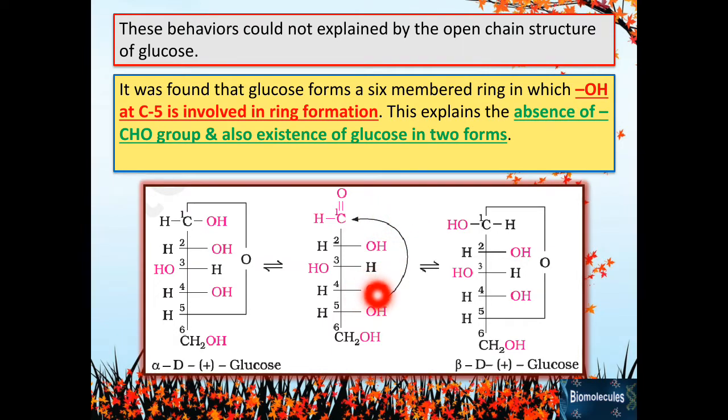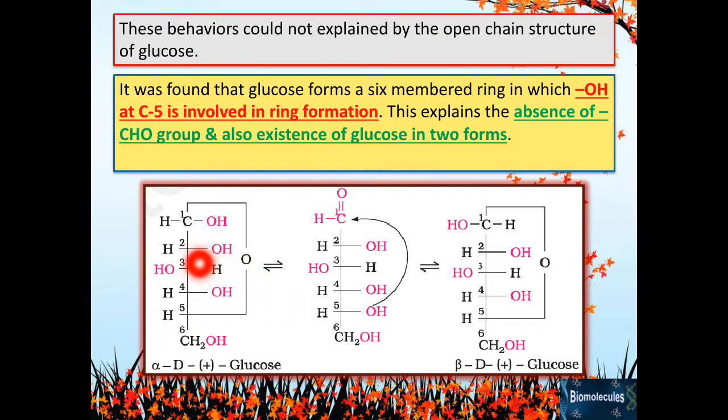So there is a ring formation between carbon number 5 and carbon number 1, and therefore we get this structure. Look at this structure: carbon number 1 links with carbon number 5 through an oxygen atom, isn't it? It's a six-membered ring structure. The latest study shows that glucose is not found to exist in the open form. It is found to exist in this kind of ring structure.